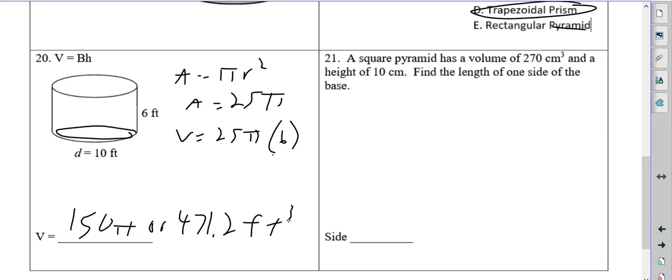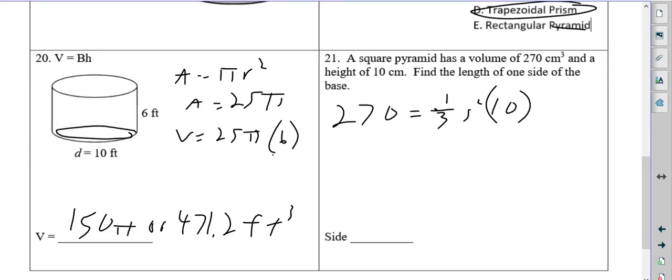A square pyramid has a volume of 270 cubic centimeters. The formula is 1/3 side squared, because it's a square, times the height. So that's basically 10 over 3.